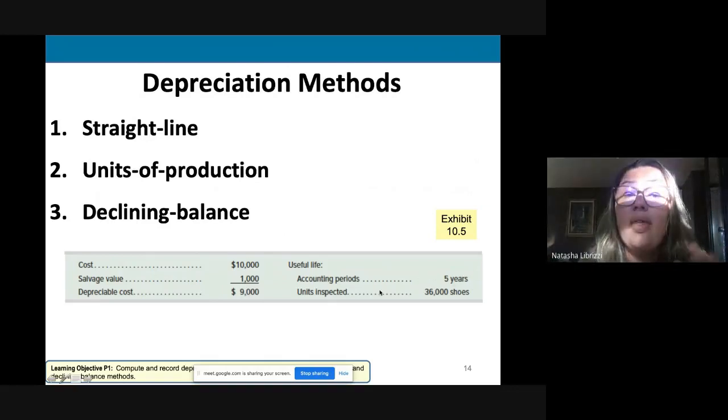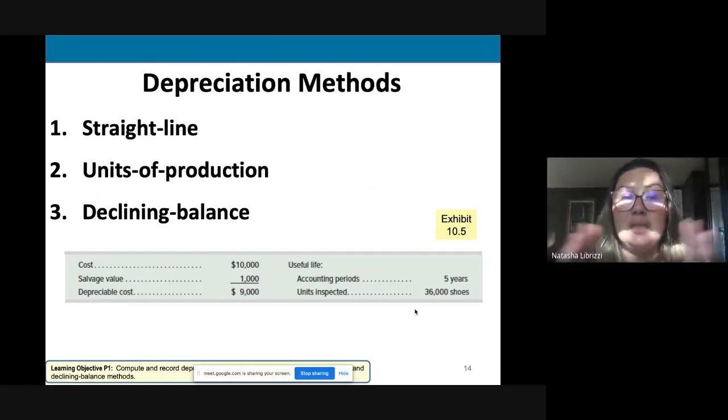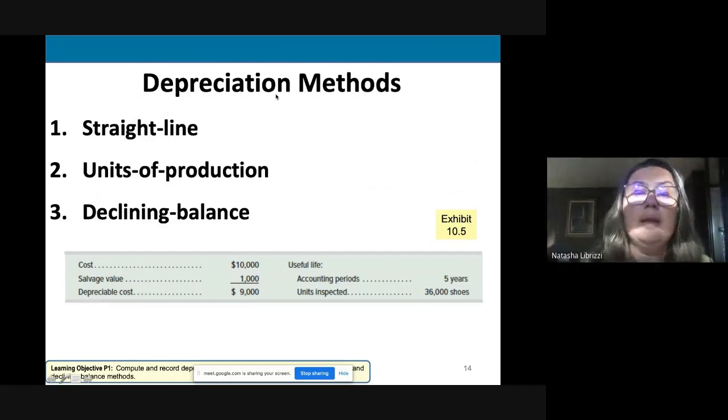I also think, and it's an estimate, with this particular machine, I can create or inspect 36,000 shoes. I don't need all of this data for all the methods, but that's what's given to me to get all 3 methods across. So we're going to go through them one by one. I have this one example, and then on homework, you get to practice this again.